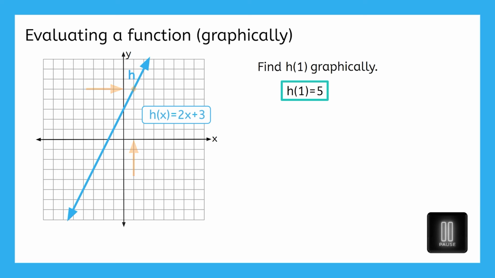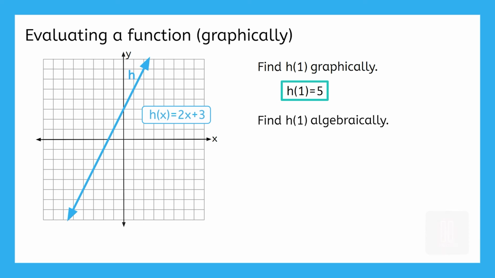Pause the video here and check your work by finding h of 1 algebraically using the function's notation. After substituting in 1 and simplifying, we find that for an input of 1, we get an output of 5, which checks out with our work when evaluating h of 1 graphically.